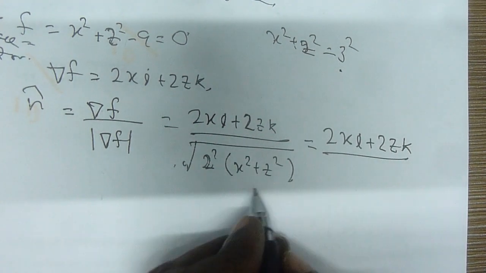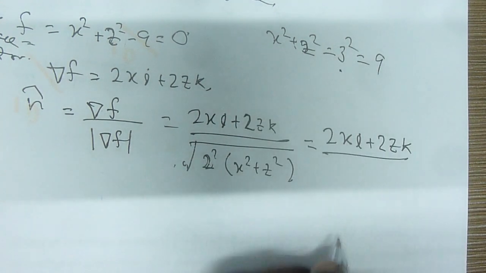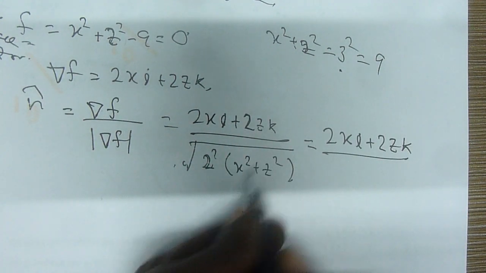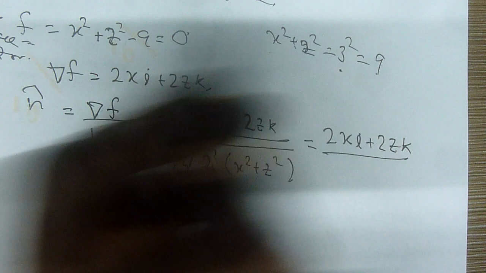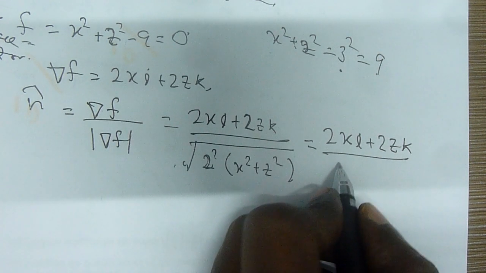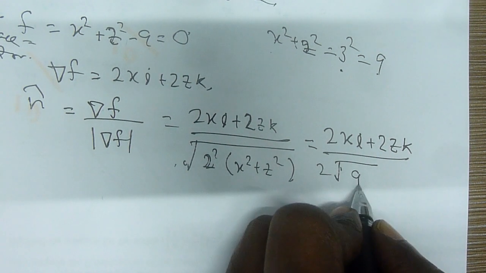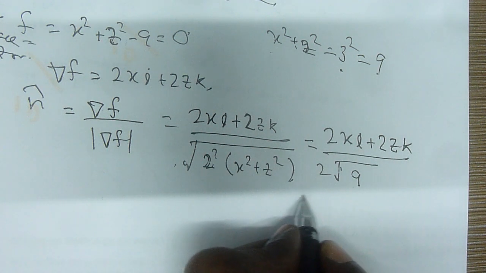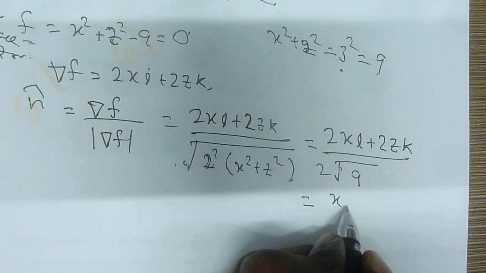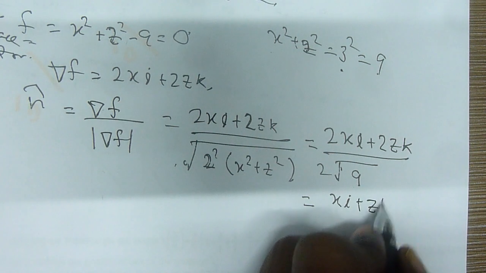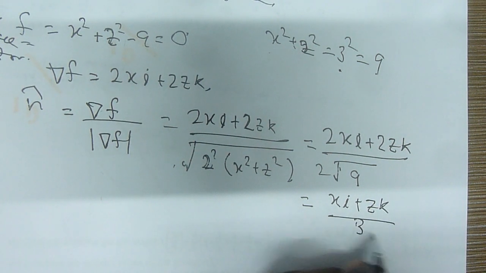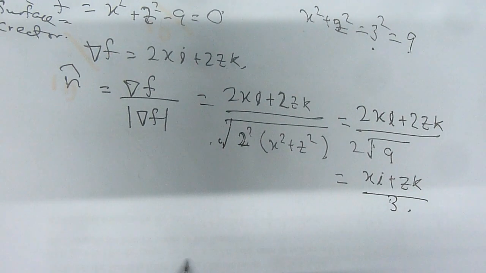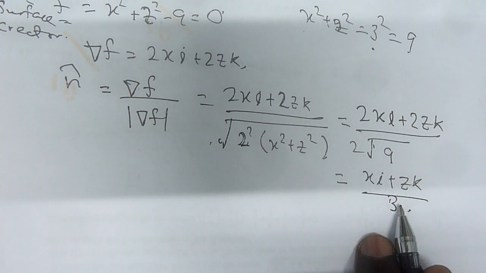Therefore this is 2 over 6, or in simple form, xi + zk over 3. Now we found n.